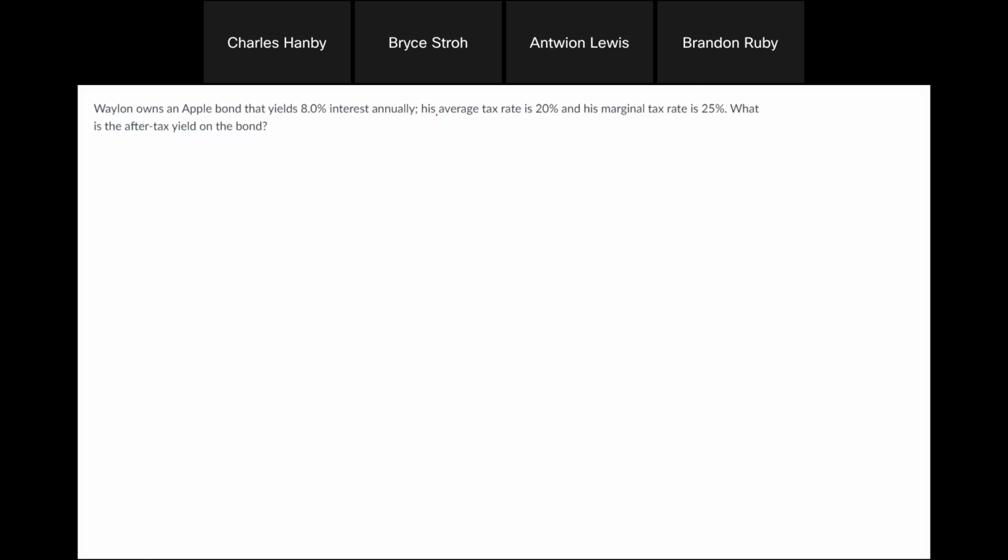Well, first off, we don't care about average. When you're making financial decisions related to taxes, you want to use your marginal tax rate. So after-tax yield is equal to the taxable rate times 1 minus your marginal tax rate.